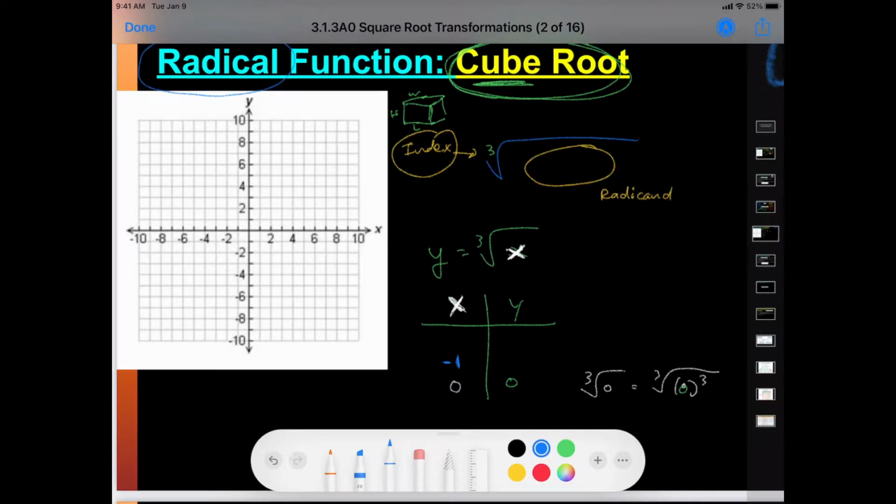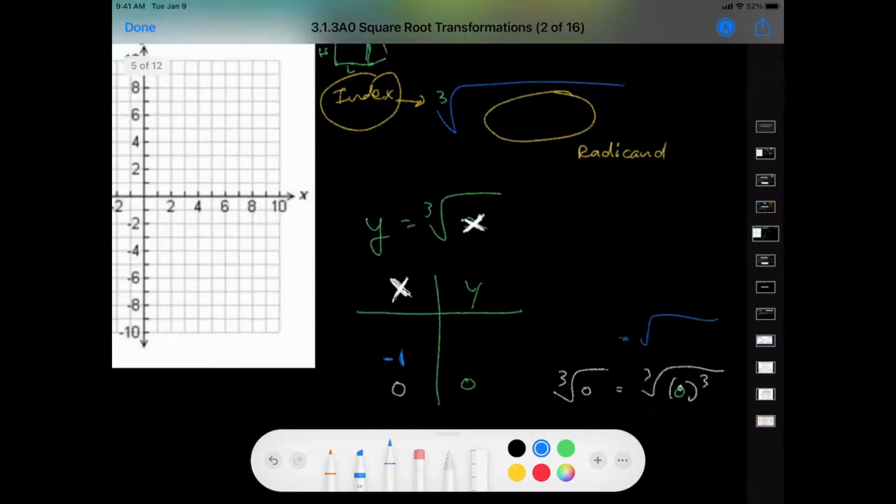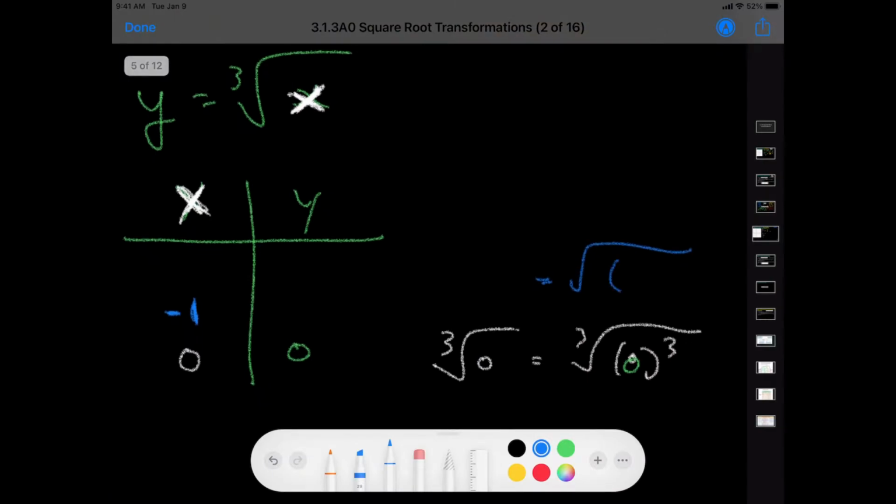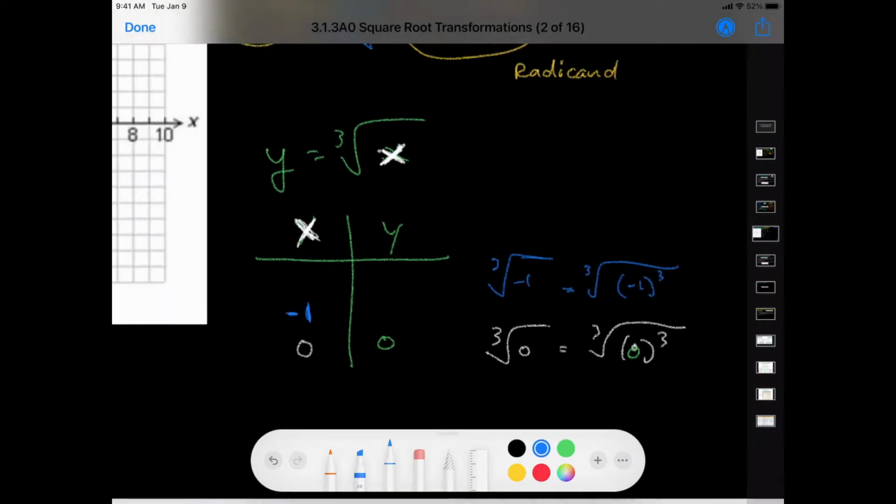I'm trying to think of 3 identical numbers that multiply to be -1, and that would actually be -1. So the cube root of -1 is going to be -1.